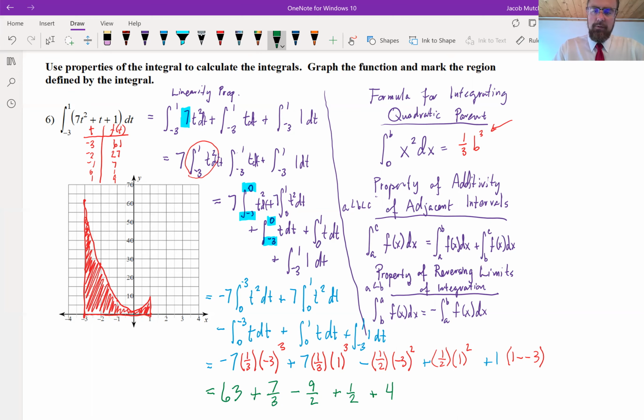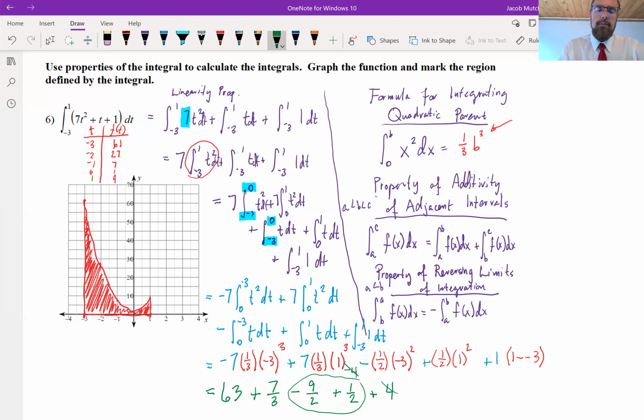So I see as I add this together, -9 halves plus half, if I group those guys, that's going to be -8 halves or -4, which is going to cancel out with my 4. So I'm really left with 63 plus 7/3. So I can express that in different ways. Let's express it as a mixed number.